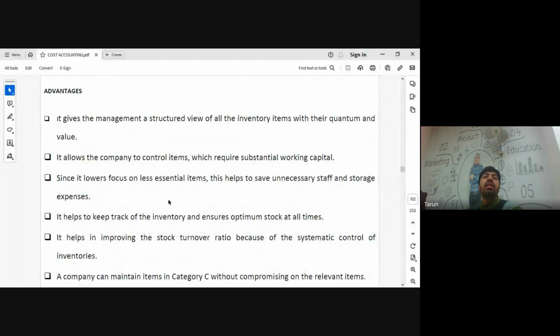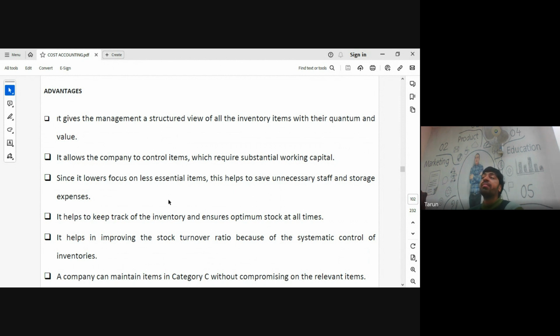It allows the company to control items. It lowers focus on less essential items, and of course, it also saves unnecessary staff and storage expenses. It also helps to keep track of the inventories and ensures the optimum stock of all the materials. It is also helpful in improving the stock turnover ratio, that is, how much stock goes in and out.